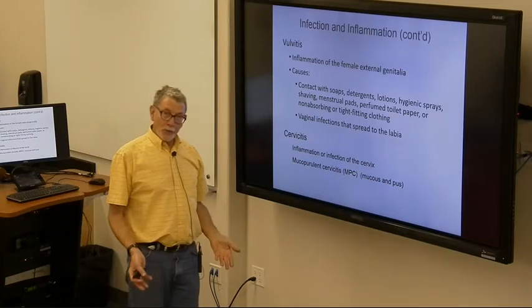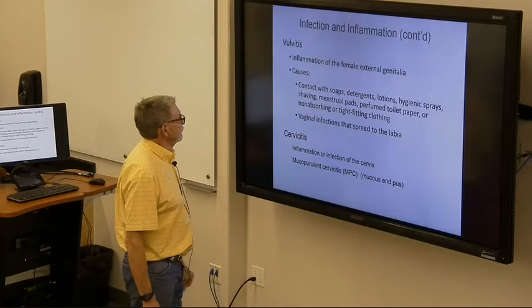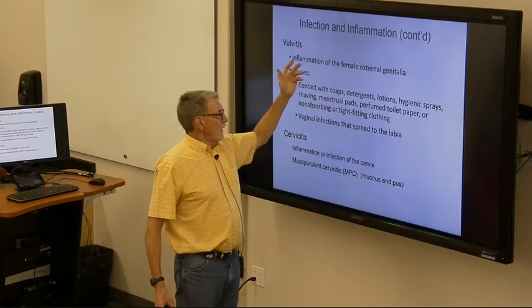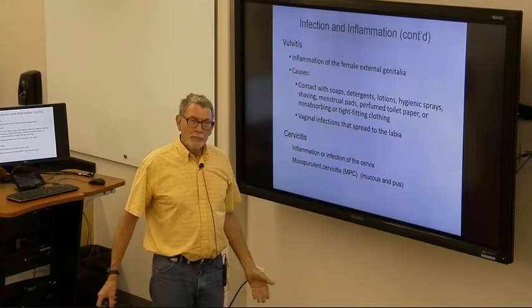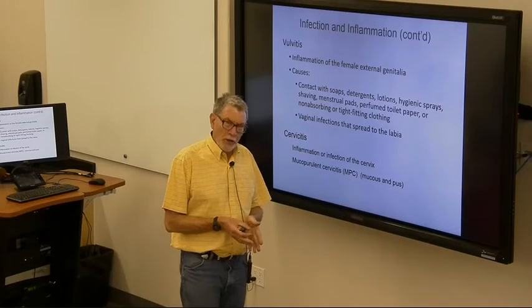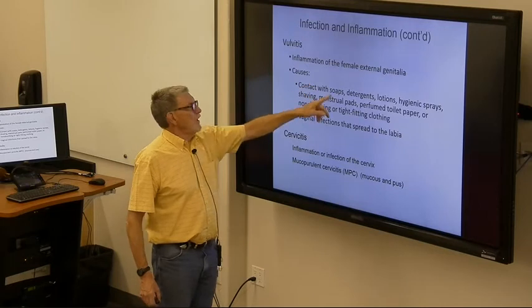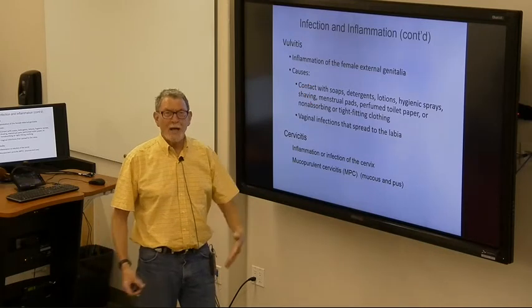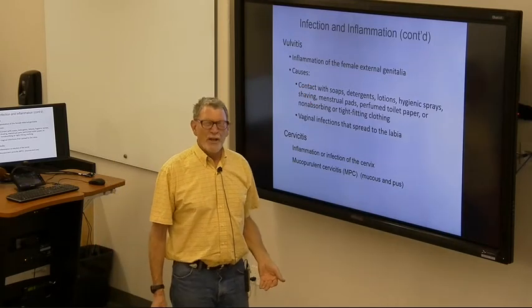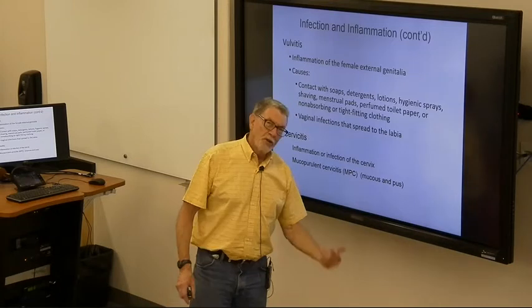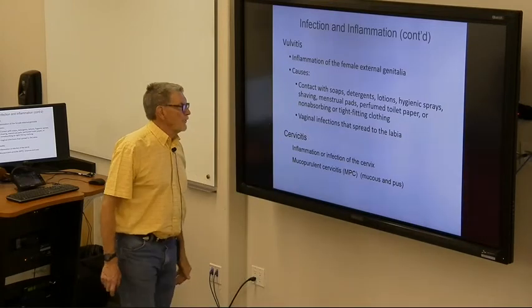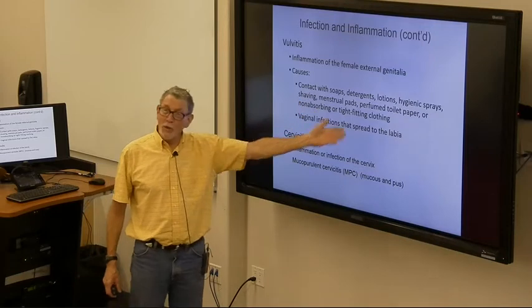Vulvitis, if it's on the outside. Sometimes this is an infection that maybe even started in the vagina and worked its way outward. Other times, it's an inflammation due to a contact dermatitis type thing, from soaps, laundry detergents, perfume, toilet paper.